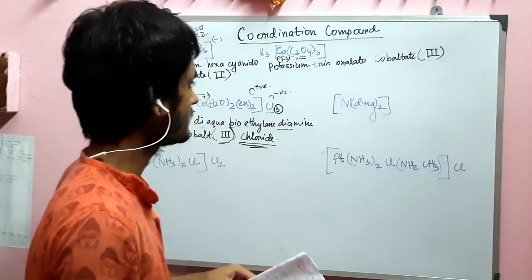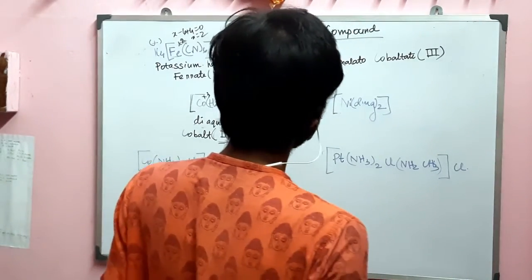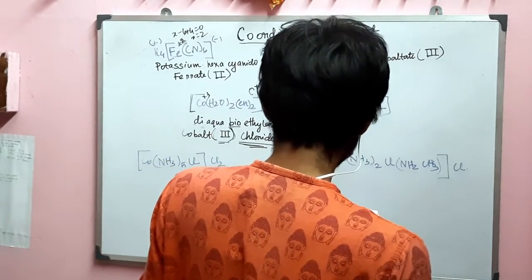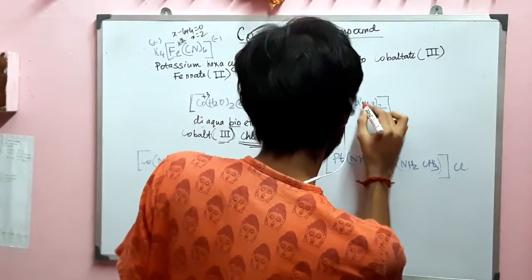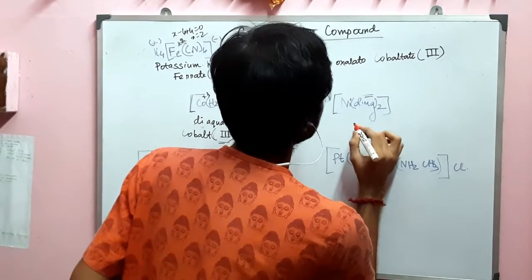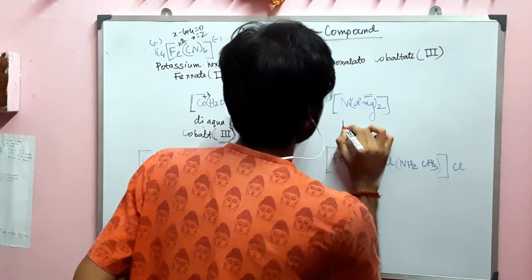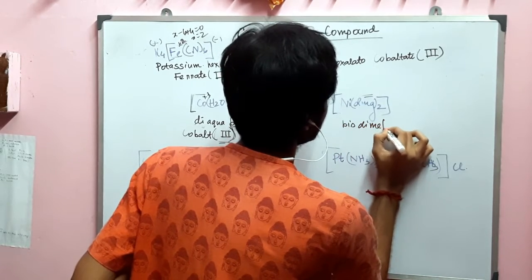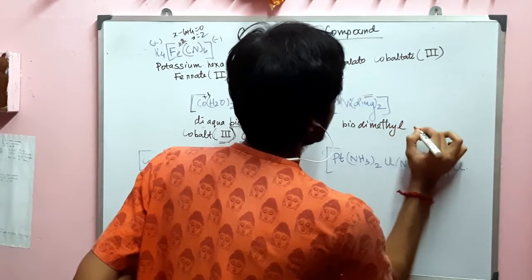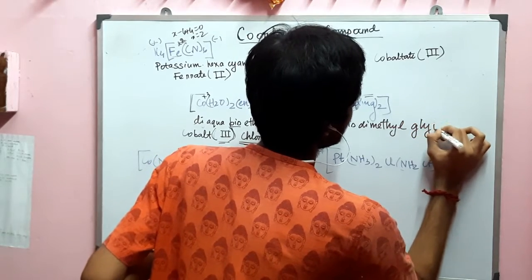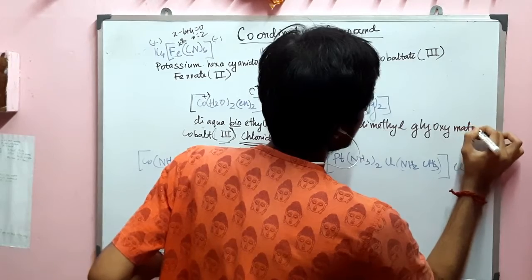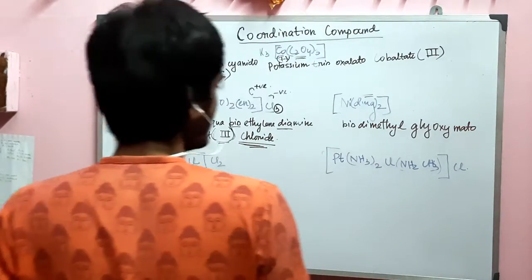So the next is Ni(DMG)2. It is dimethylglyoxime. This is a complex ligand. Why am I writing glyoximato?